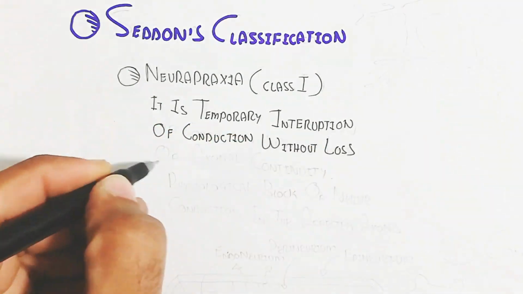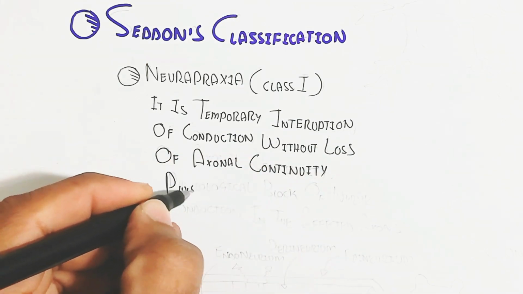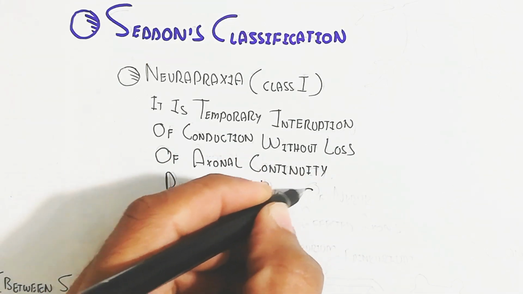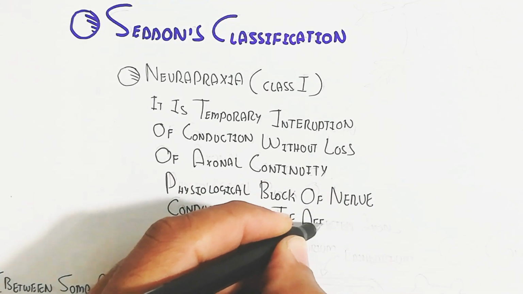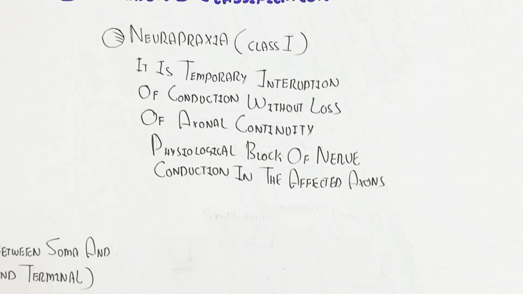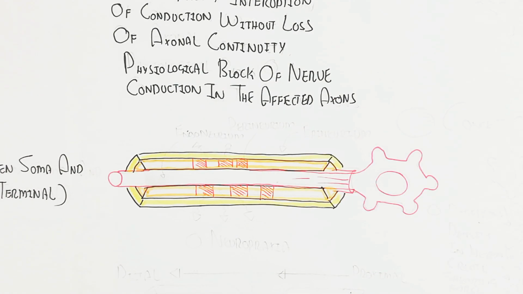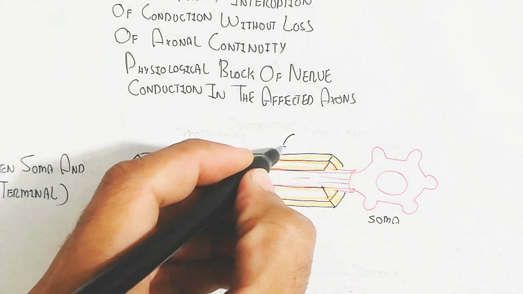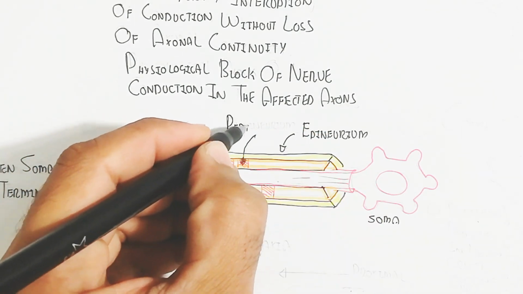So neuropraxia is class 1. It is a temporary interruption of conduction without loss of axonal continuity, a physiological block of nerve conduction in the affected axon. This is the soma, and this contains the epineurium, which is the yellowish color.